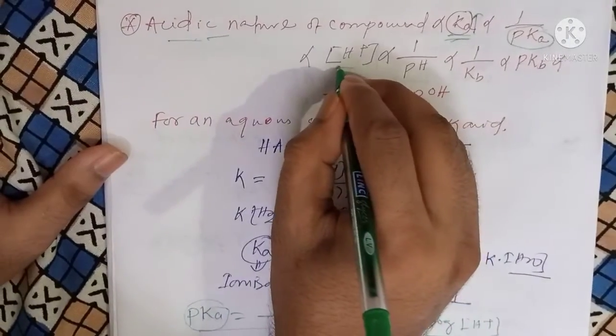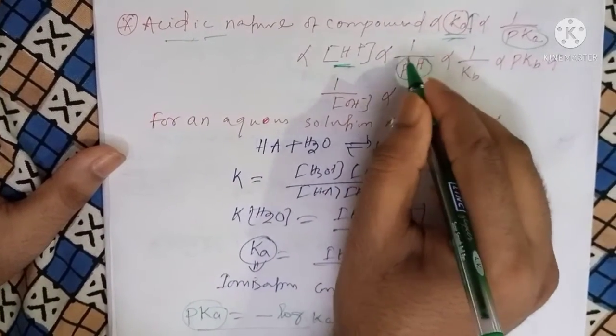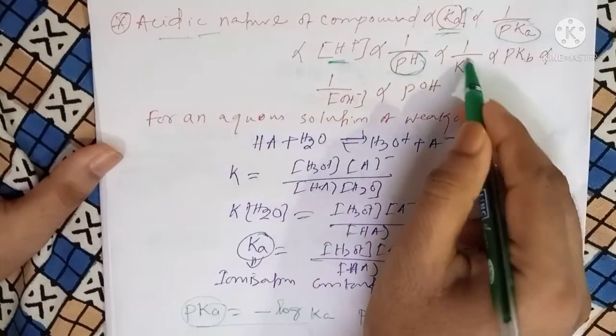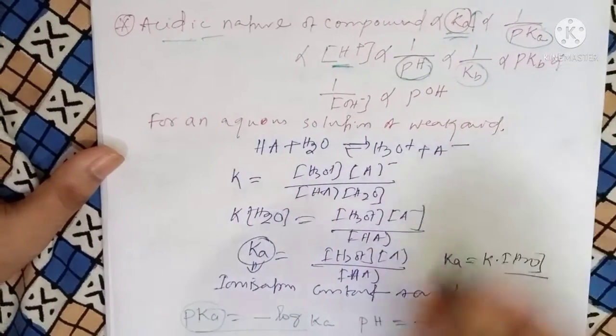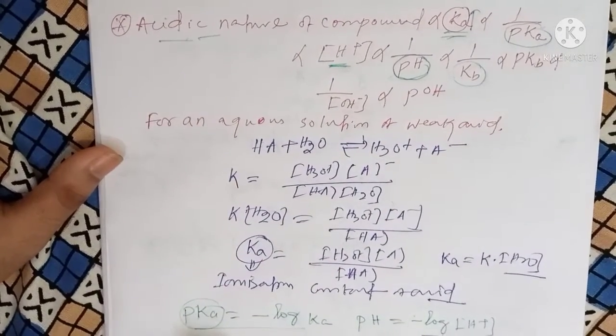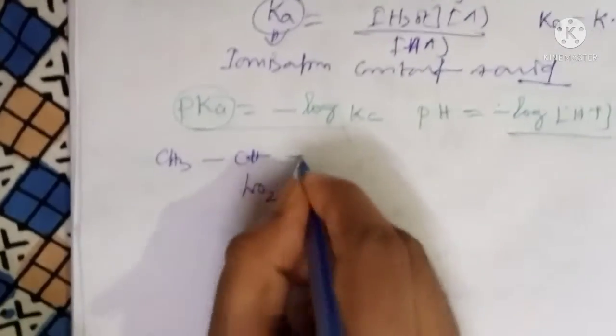H plus concentration increases, acidity increases. pH is inversely proportional: pH increases, acidity decreases. Similarly Kb is the base ionization constant, so similar.